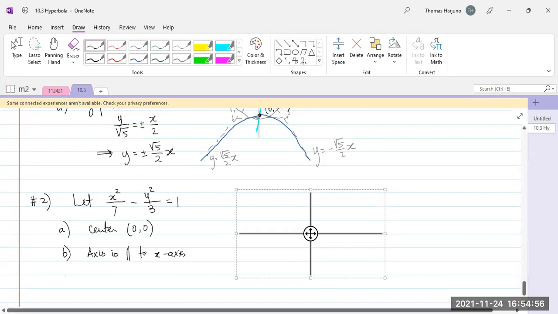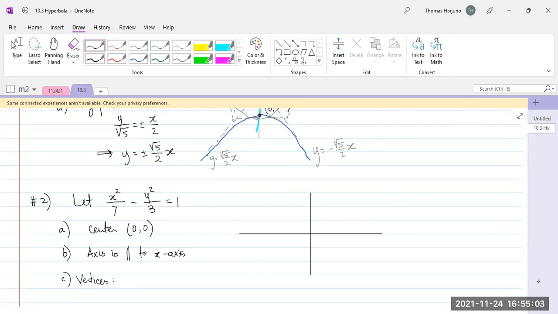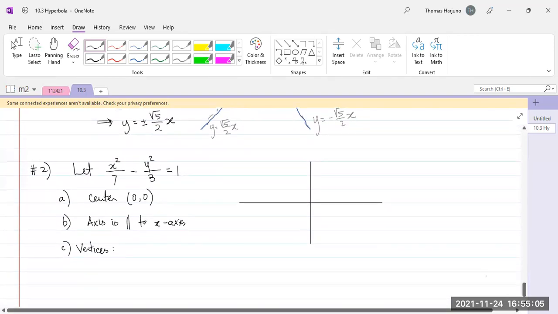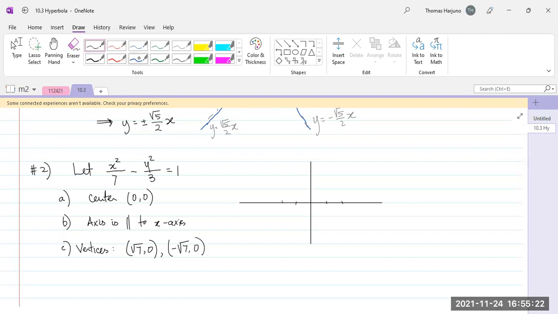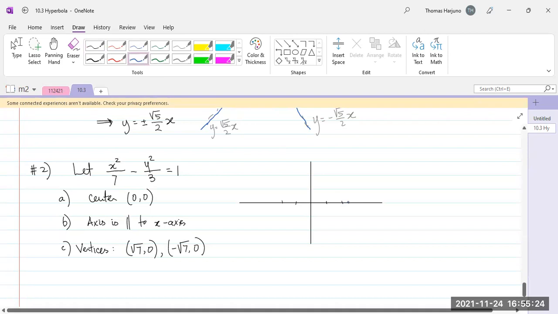In fact, the vertices are radical 7 away from the origin along the transverse axis. So radical 7, 0 and negative radical 7, 0. Radical 7 is a bit more than 2, so it's here. Those are the vertices, right?